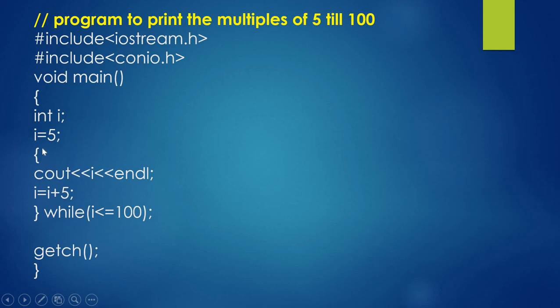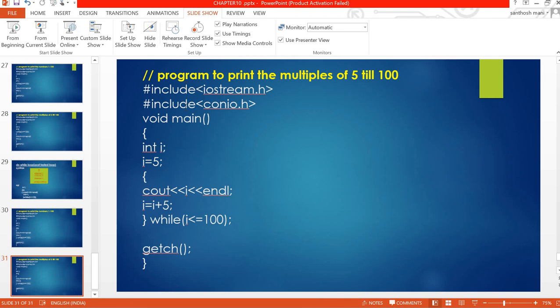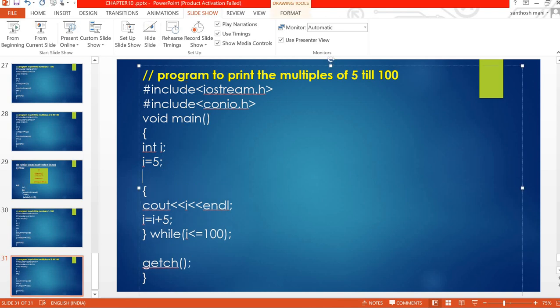Here one do statement is there. What will be the initial value? I is equal to 5. That is the initial value.